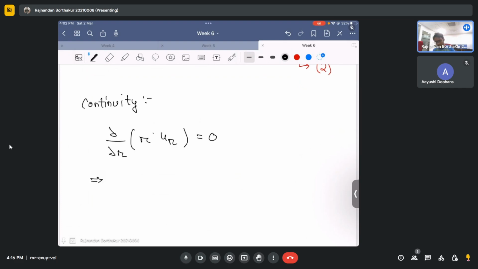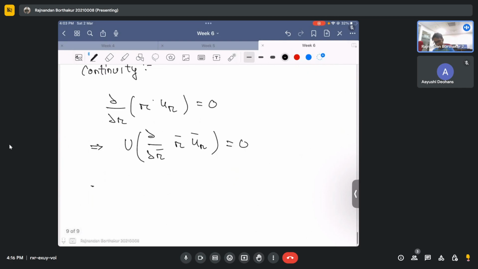And if I non-dimensionalize this equation, what do we get? We'll get u times del del r bar of r bar times ur bar equal to 0.